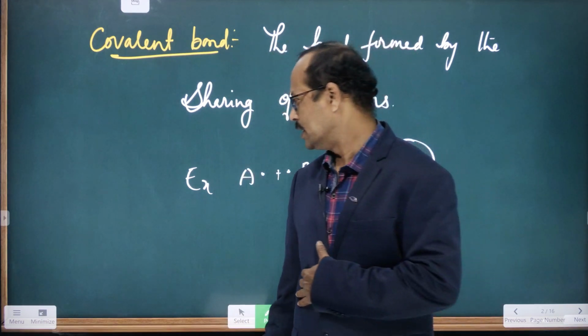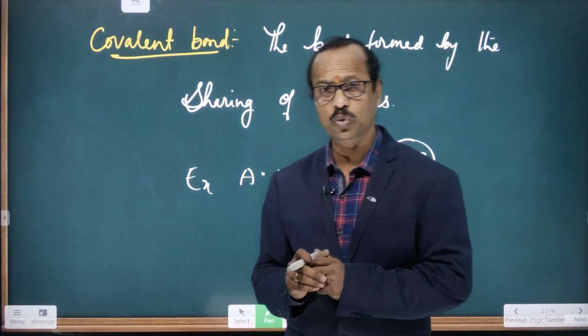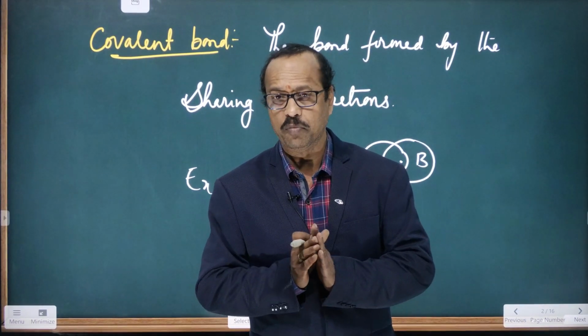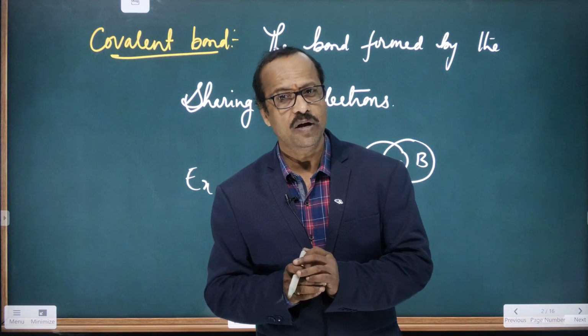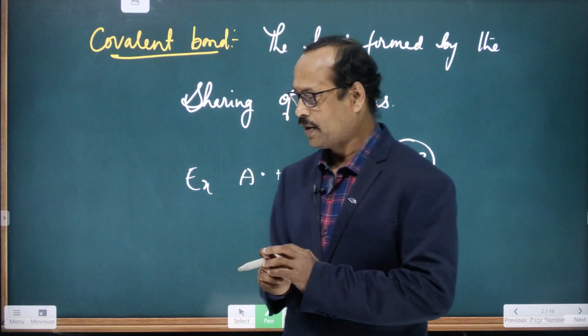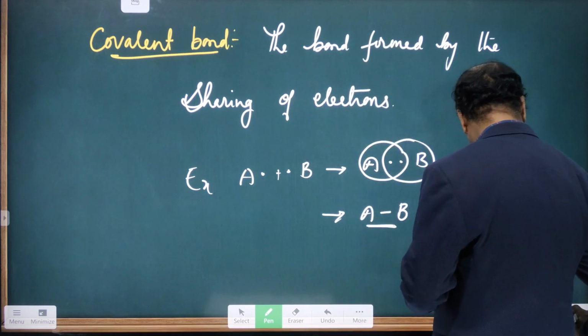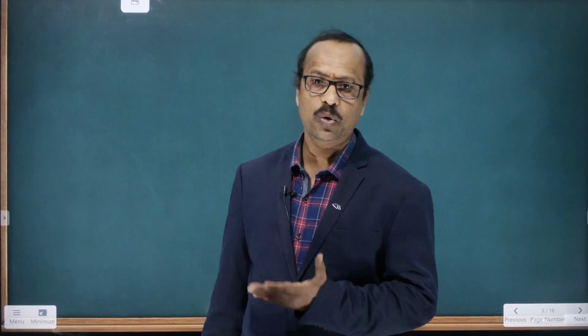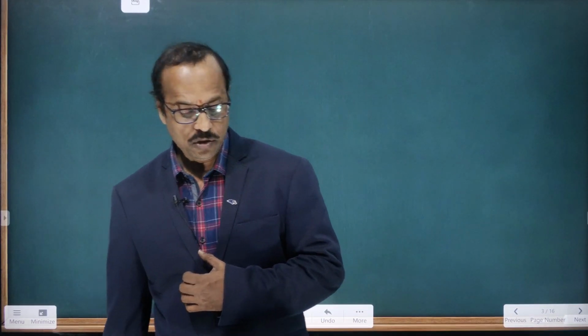So here carbon undergoes covalent bonding, and by using this covalent bond it can form millions of compounds. Today we are going to discuss some carbon compounds and how they undergo covalent bonding.